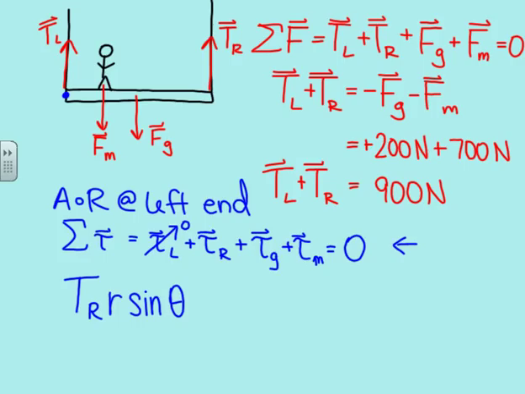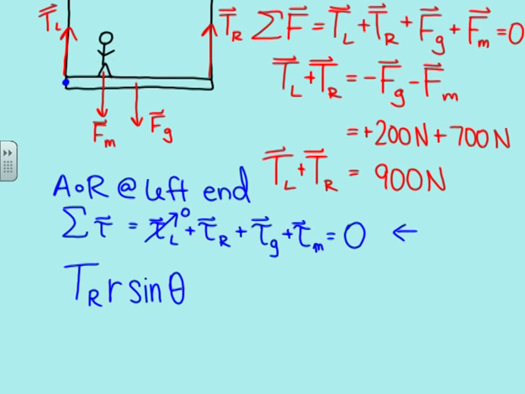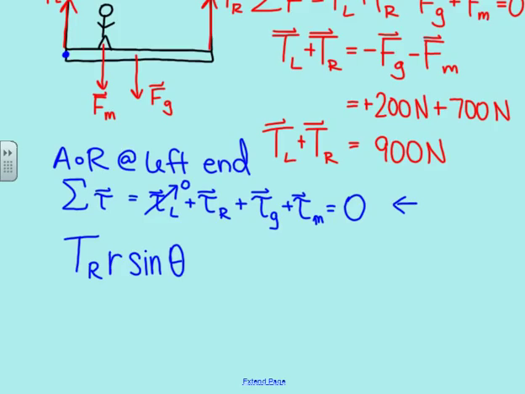Next, I have the force of gravity. Looking at the picture, the force of gravity pulls down. It would cause the right end of the scaffold to move downward, which would be in the clockwise direction. So I will subtract from this first expression the force of gravity times its radius, I'll call that Rg, times the sine of theta.